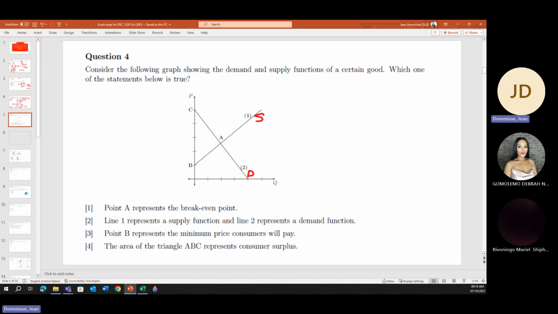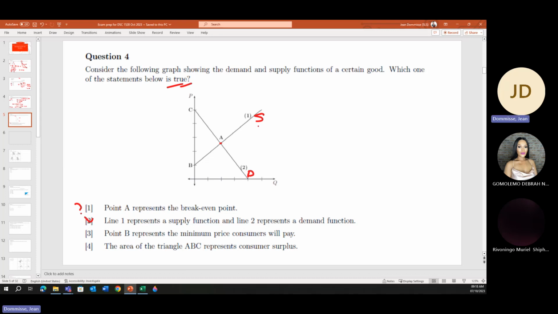Let's look. Point A represents the break-even point. Line 1 represents supply. Line 2 represents demand. We want to look at which one is true. That one is true.